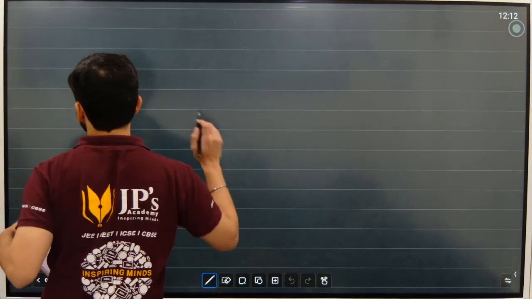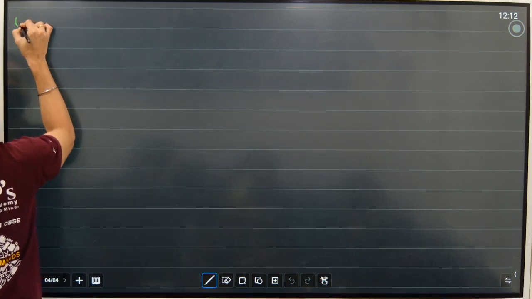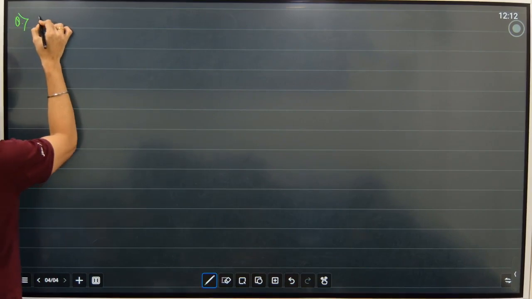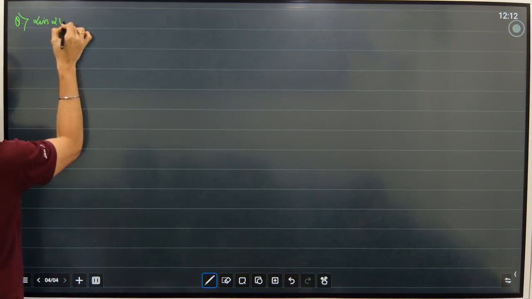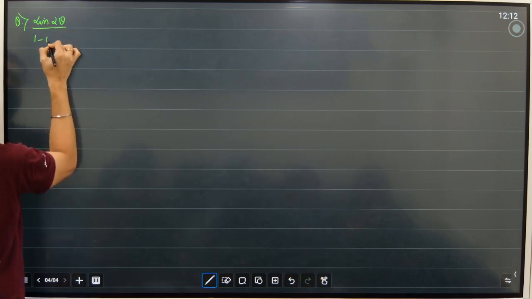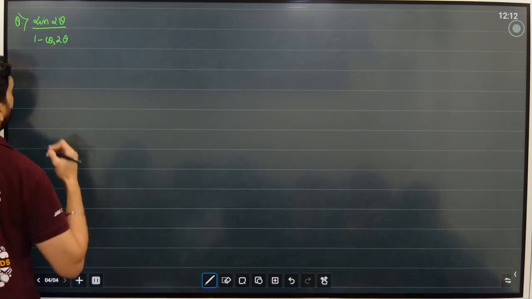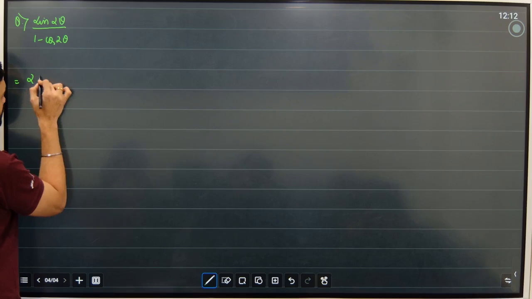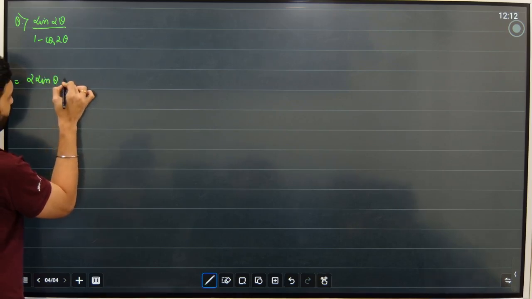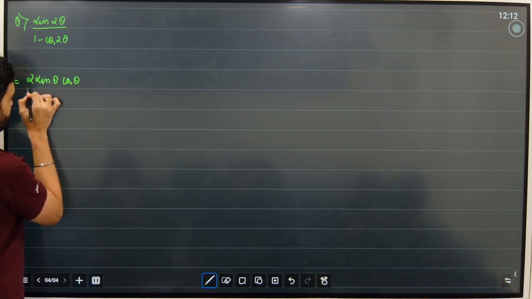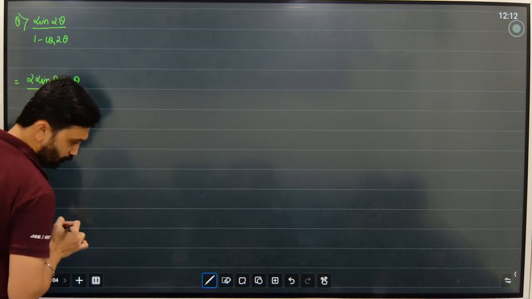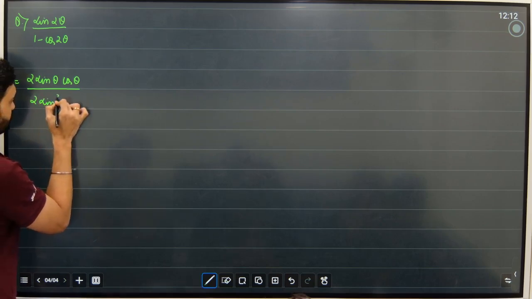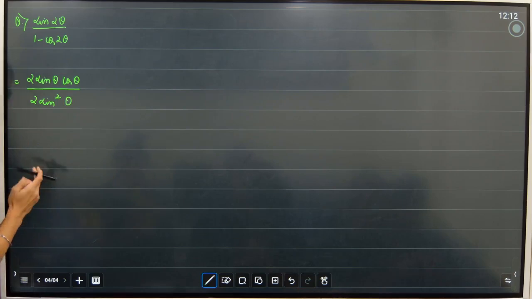We start with certain sums. First question. Sin 2 theta upon 1 minus cos 2 theta. Now if I solve this, I know the formula for sin 2 theta is 2 sin theta cos theta. I know the formula for 1 minus cos 2 theta is 2 sin square theta.